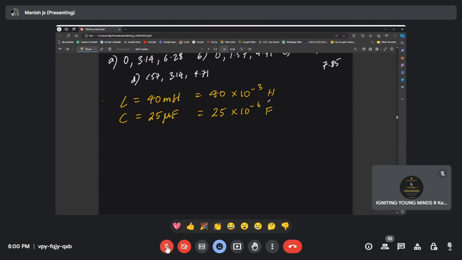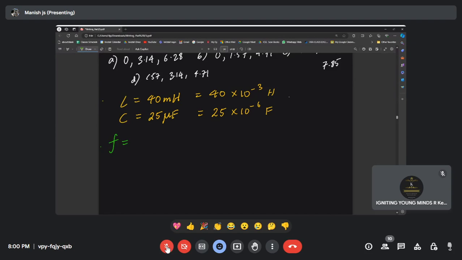Whenever they say time period, you try to correlate the formula that binds time period and the data that we have. The data is no doubt inductor and capacitor. But don't you think there is something called frequency that is involved? Isn't it? So the frequency of LC oscillations is what you are going to apply here.